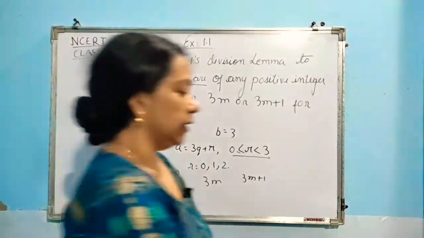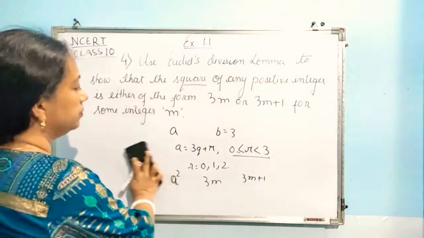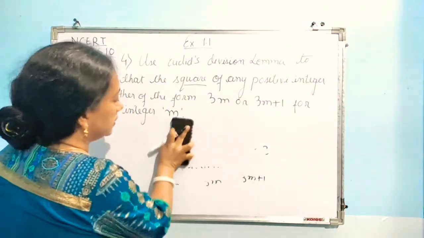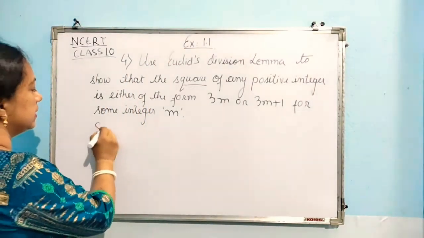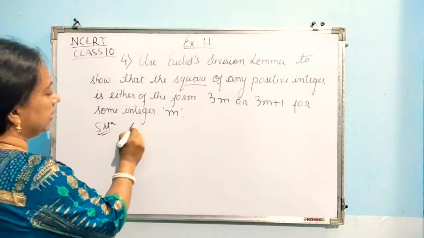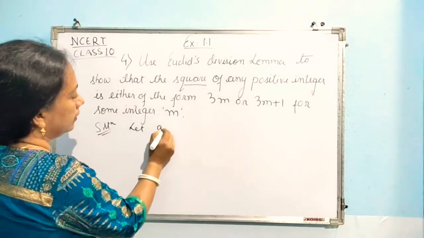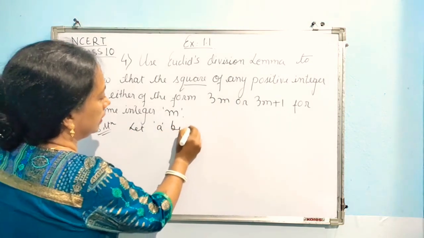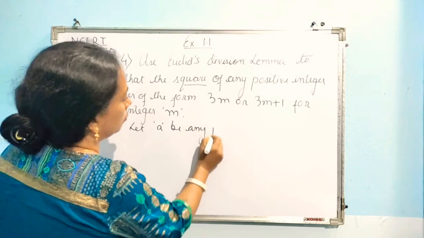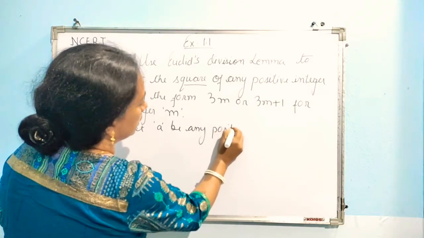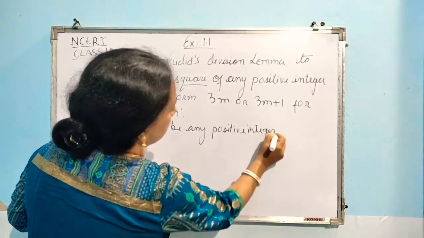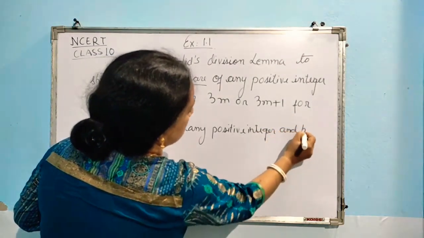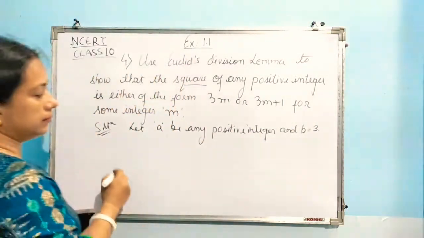Okay, so let's start the solution of this particular problem. Let a be any positive integer and b is equal to 3.